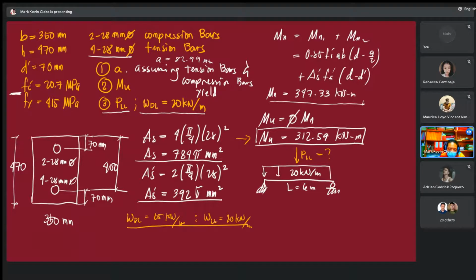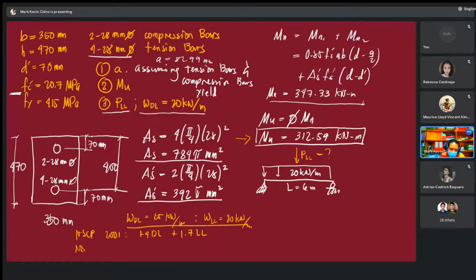These are service loads. The factored load for NSCP 2001 is 1.4 dead load plus 1.7 live load.